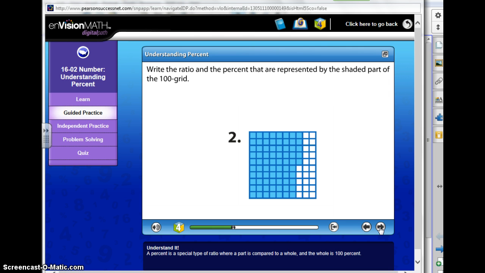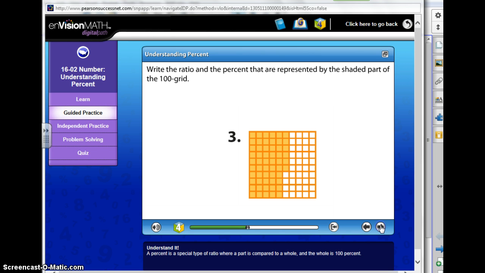Not 85. That's okay. Seven rows of 10. Yep, that's okay. Now how many are unshaded? How many are unshaded? What's the percent? Natasha? 25. And you all know that 75 plus 25 gives you 100.